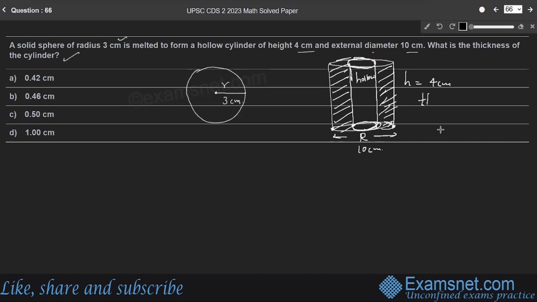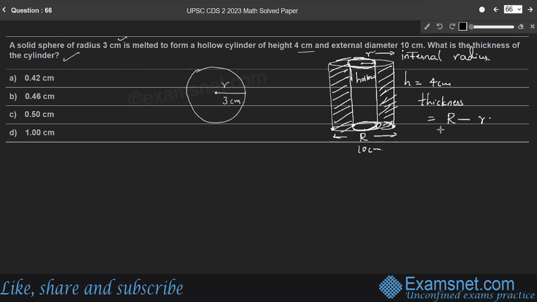The thickness is nothing but the shaded part which I have shown here, which is the difference between the external radius and the internal radius, R minus small r. Sorry, internal radius, not diameter. Thickness of the cylinder means external radius minus internal radius.